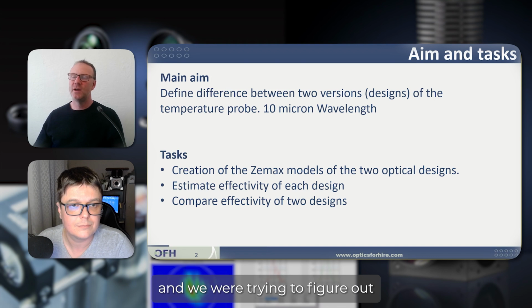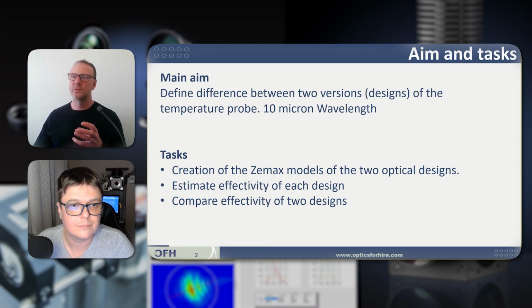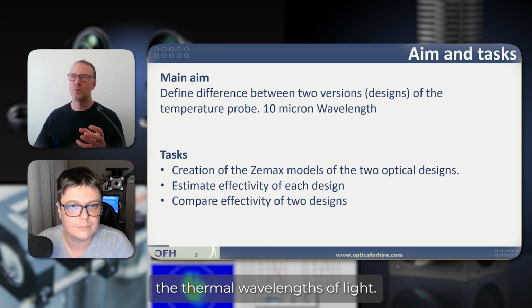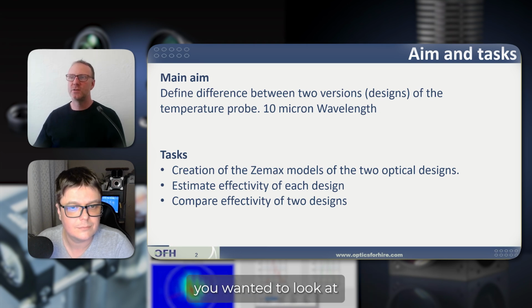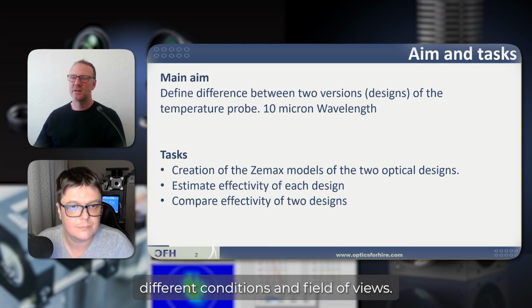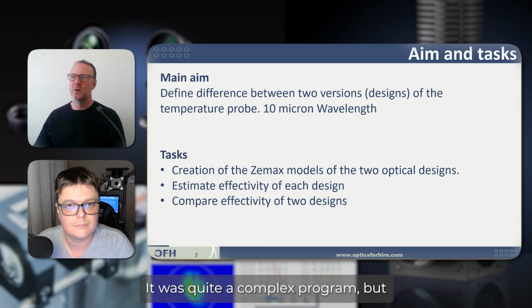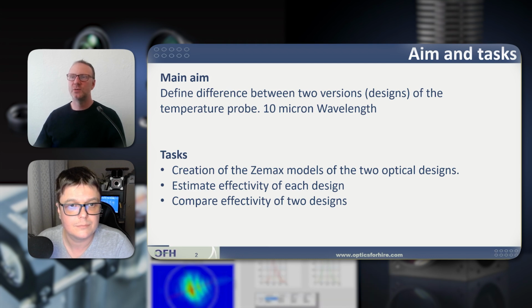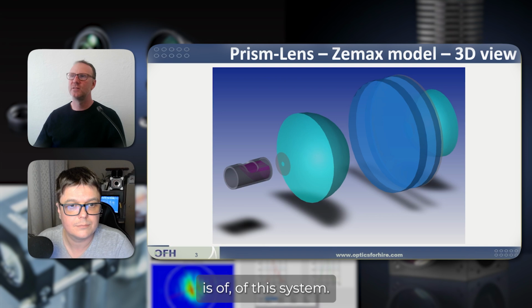And we were trying to figure out in the tip at the distal end of the fiber what kind of optics should be used to collect the thermal wavelengths of light. So you wanted to look at two different designs, what their efficiency was given different conditions and fields of view. It was quite a complex program, but let's jump into it and hear what your recollection is of this system.